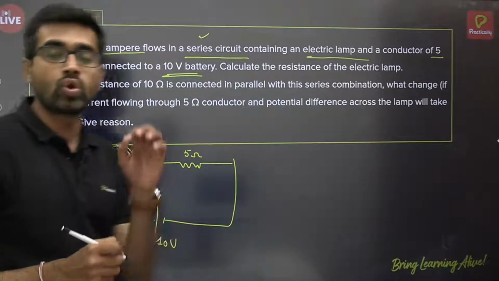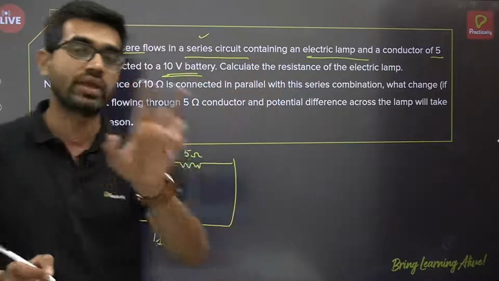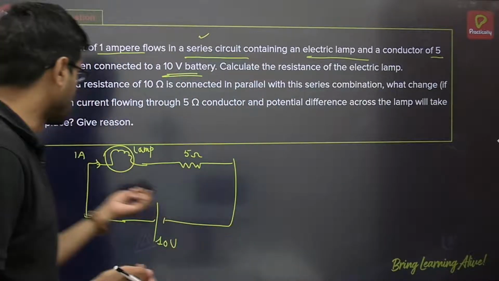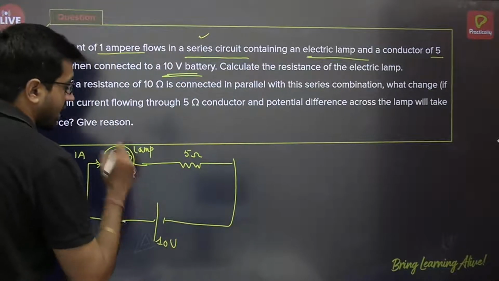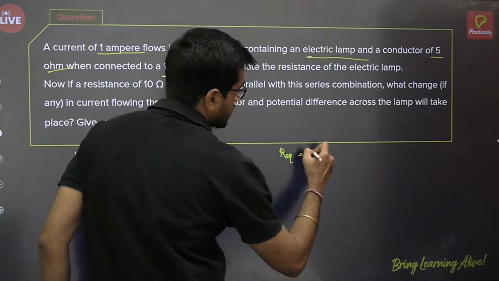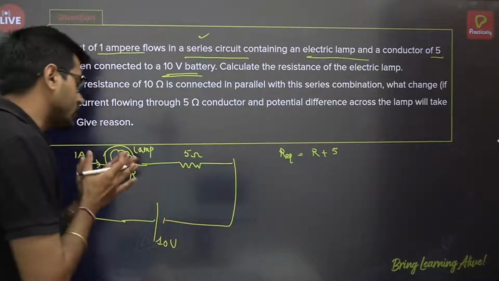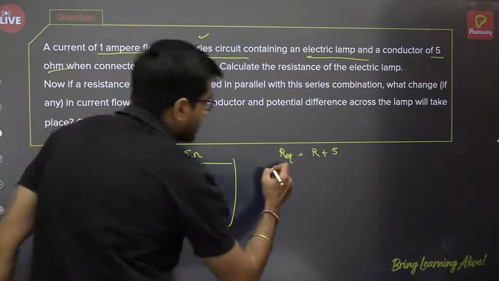You know that the total resistance in a series circuit is nothing but the sum of the resistance of each device. So for the lamp, let us take the resistance as R. The equivalent resistance Req is equal to R plus 5 ohm. Now apply Ohm's law, V is equal to IR.